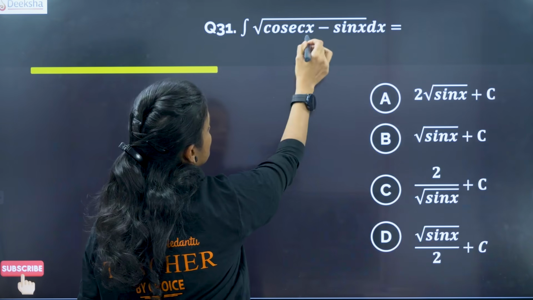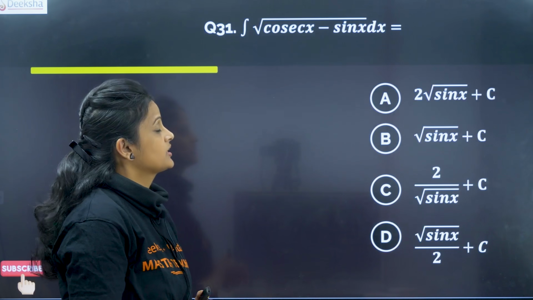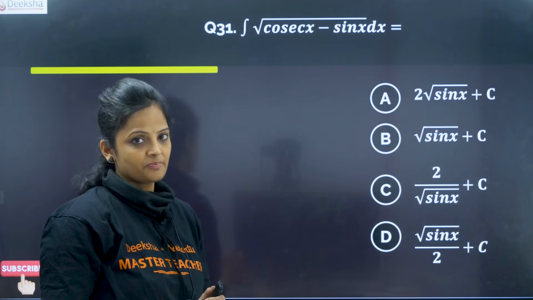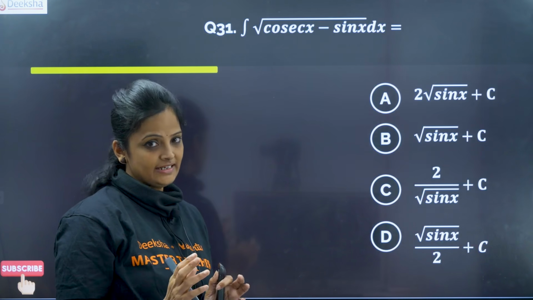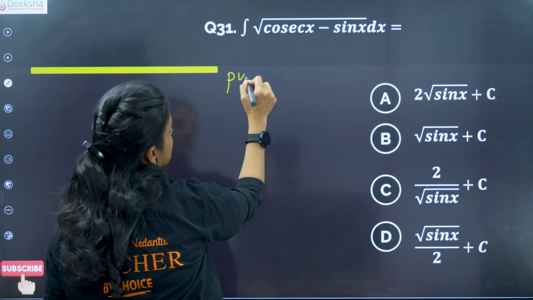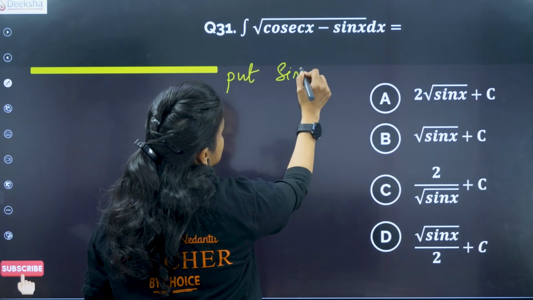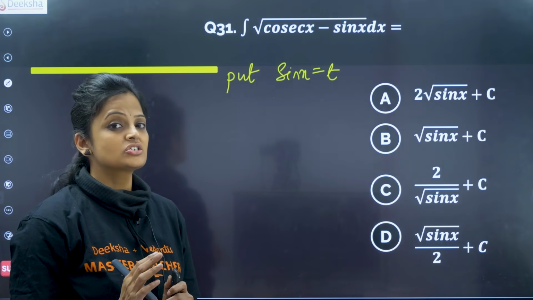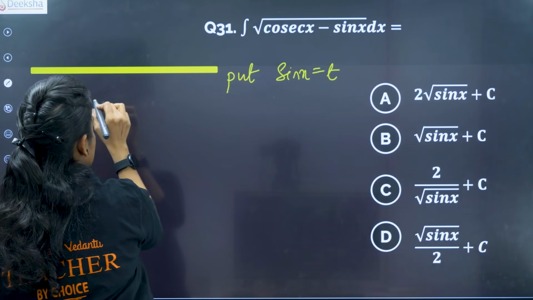Integration of under root cosecant x minus sin x dx. Now see the options here. The options are giving you the hint, correct? Looking at the options, we know the substitution will be sin x is equal to t. If you take this, you can get such answers. So do the same thing here.